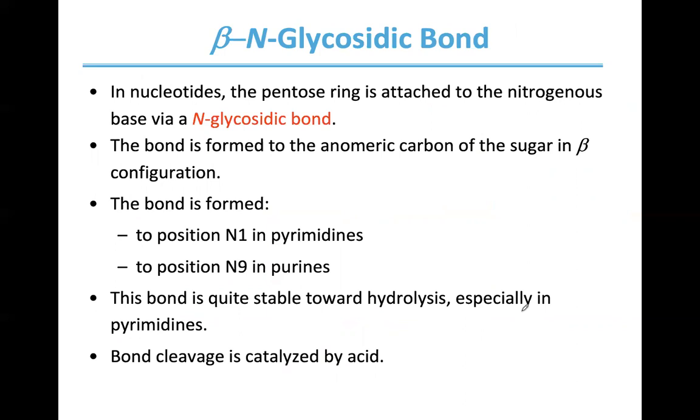So in nucleotides, the pentose ring is attached to the nitrogenous base via the N-glycosidic bond. So if this is the ribose, right?